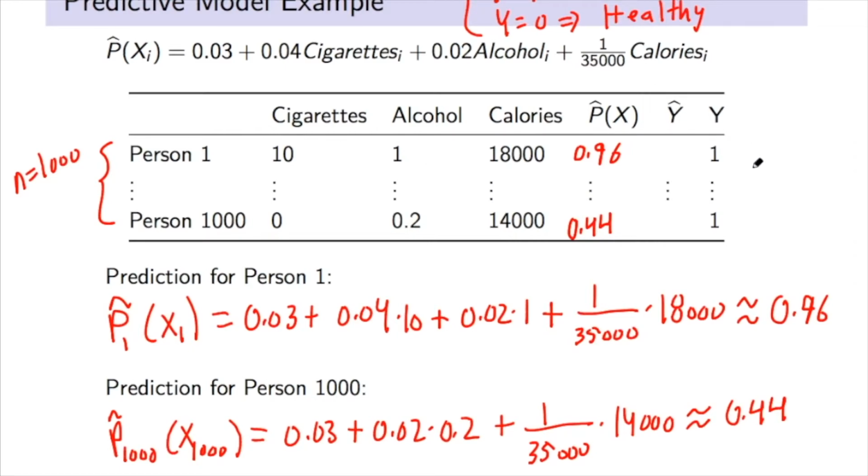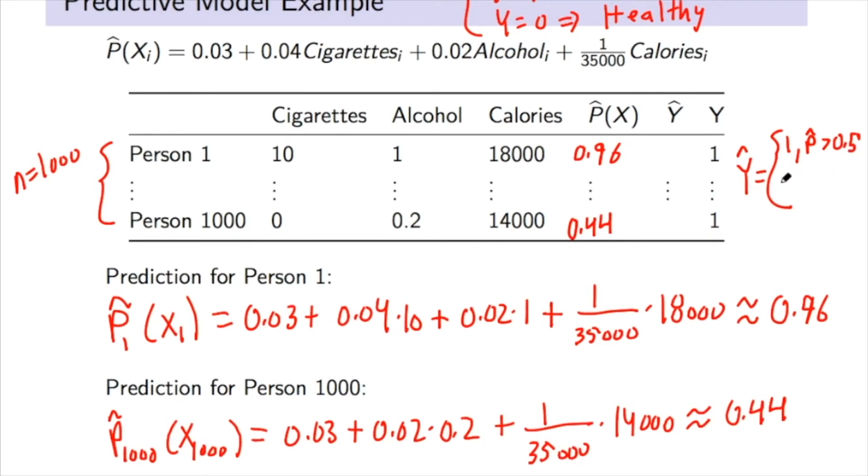Now, how we're going to make our prediction, and I think this is pretty sensible, is we're going to say y hat, which is the prediction made by the model of whether the person is unhealthy or if the person is healthy. We're going to say y hat is 1, meaning the person is unhealthy, if the p hat we compute, the probability that they're unhealthy, is greater than 0.5.